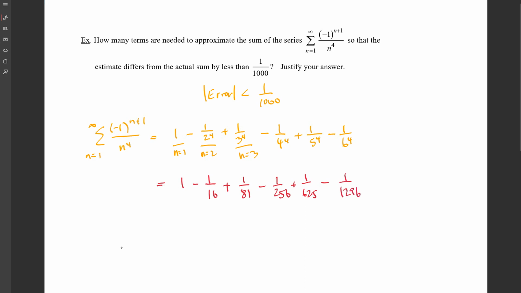And what I want to do is choose the number that's less than 1 over 1,000. So to be less than 1 over 1,000, I need a denominator that's greater than 1,000. And here it is right here.